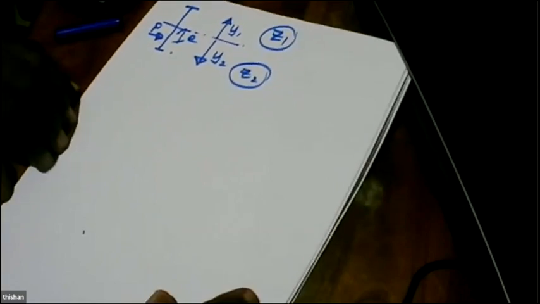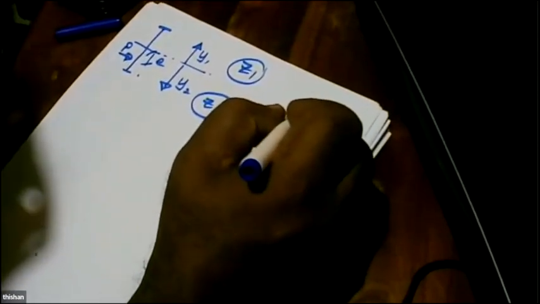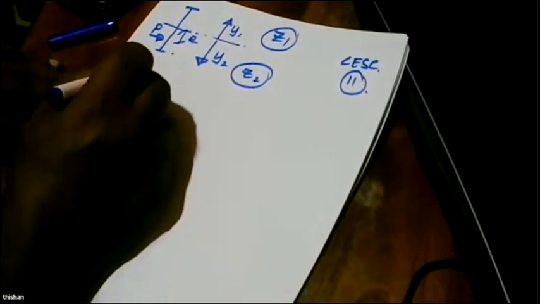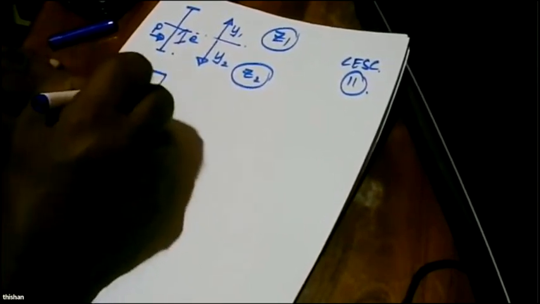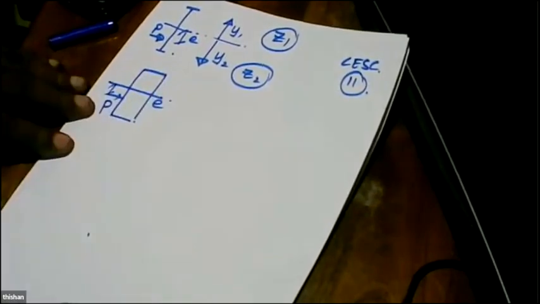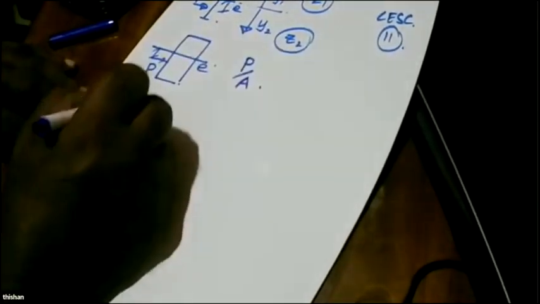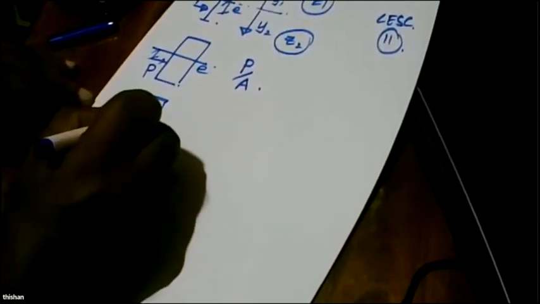So what happens is, when you do this, we get a section subjected to force P at an eccentricity E. So what actually happens is, first we get P over A, and this is positive compression.